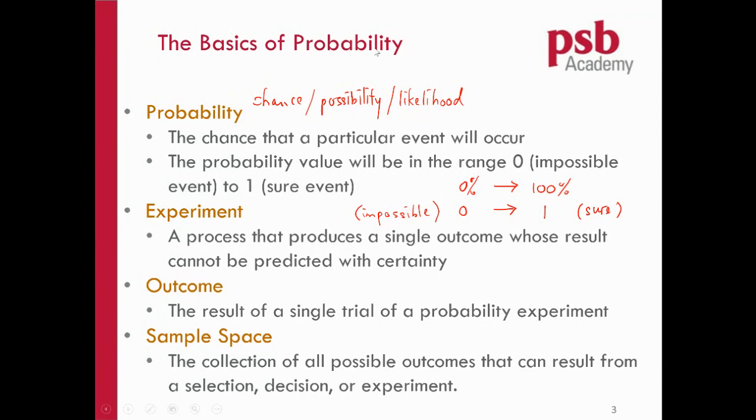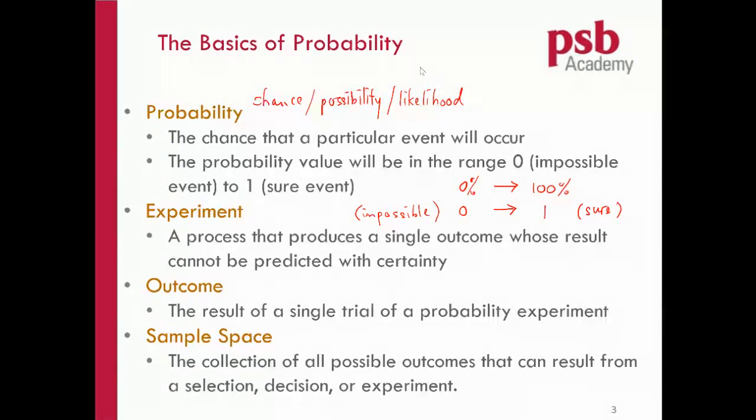Okay, got it? It tells you something: when you solve any probability question, if your answer goes out of this range, then your answer is definitely wrong. You must get an answer which is between 0 and 1.